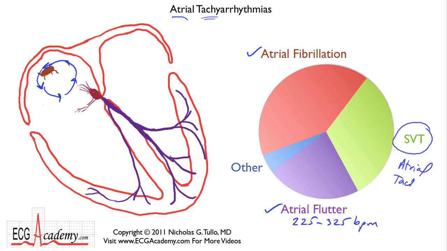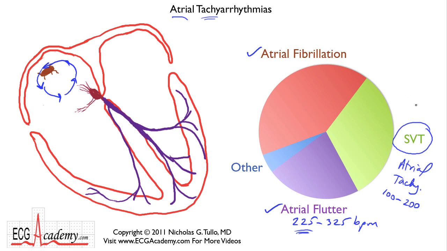Atrial tachycardia is generally an abnormal rhythm originating in the top chamber at rates anywhere between 100 and 200 beats per minute. It can be faster as well, but when it gets over 225 or so, we start to think of it more as atrial flutter. Although you'll see that sometimes it's hard to tell the difference, and it's really a matter of what you'd like to call it, depending upon what it looks like.